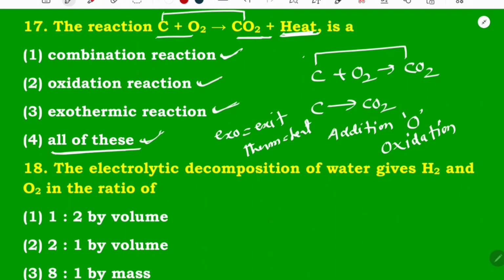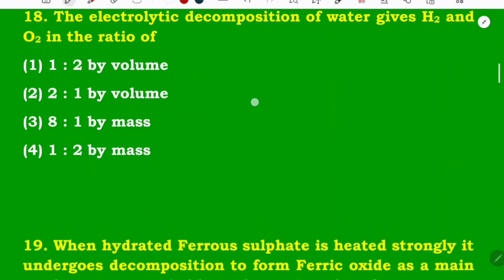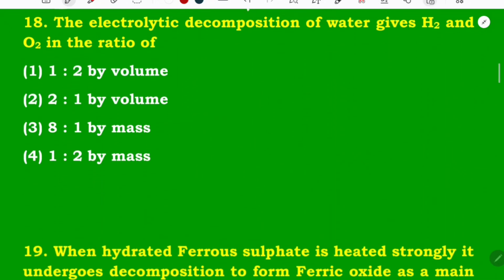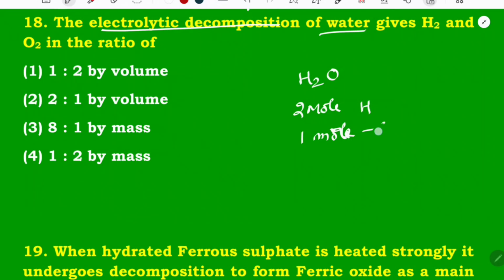Next one, the electrolytic decomposition of water gives H2 and O2 in the ratio of, just look at H2O. How many moles? 2 moles of hydrogen and 1 mole of oxygen. Here they asked by volume, so just based on the formula we can say.